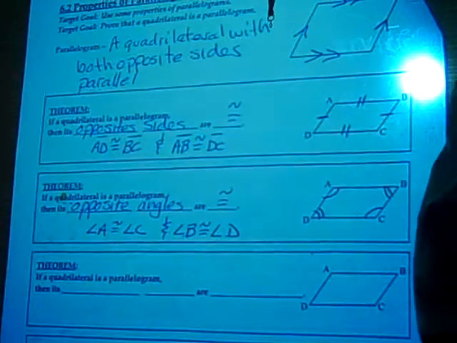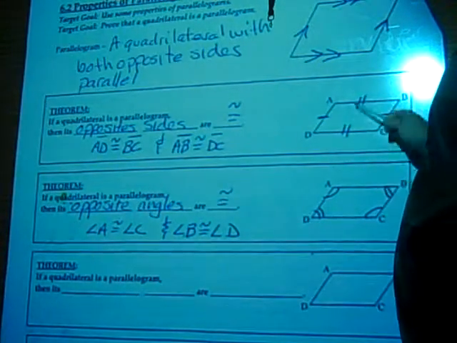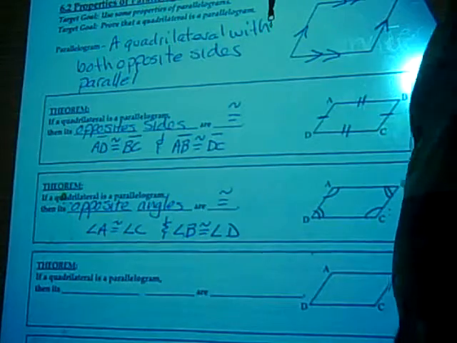If angle A is congruent to angle C, and angle D, which will give 2 arcs to, is congruent to angle B, which will also give 2 arcs to. If you see either of these, we know that we have a parallelogram.